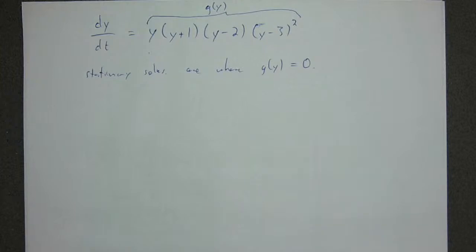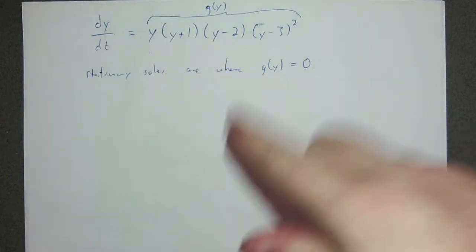In this case, this is a factored polynomial, so saying g of y is equal to 0 means I'm setting this polynomial equal to 0. It's already factored, so it's a product of a bunch of things, and where this is equal to 0 is clearly indicated by the factors here.